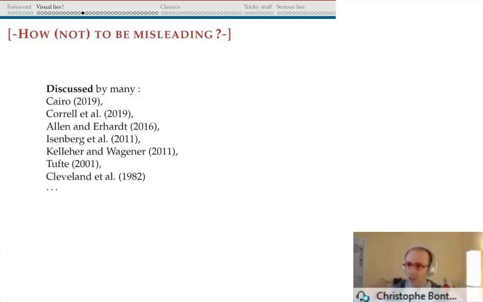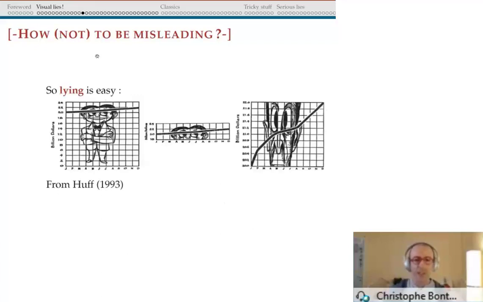So this is a little bit subtle to spot, but you know that playing with scale is a huge trick to mislead people. Darrell Huff was playing with that with some funny graphics saying, oh, lying is easy. You can really change the shape of every line and show whatever you want.